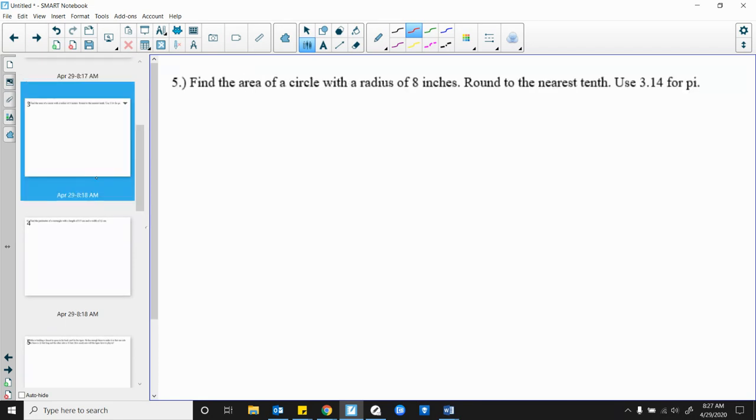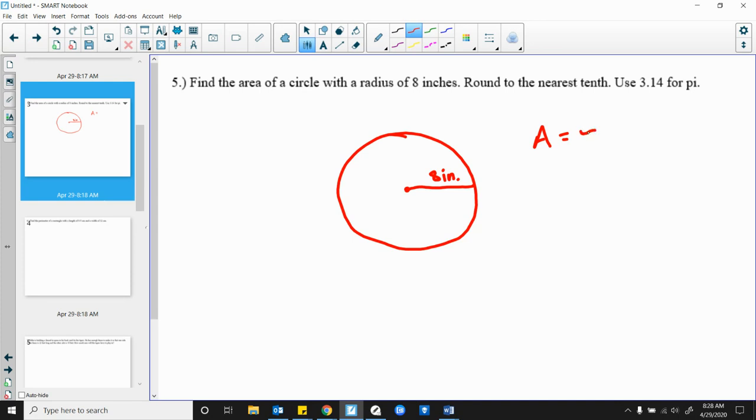5. Find the area of a circle with a radius of 8 inches, round to the nearest tenth. Use 3.14 for pi. Okay. Wow. It's actually not a bad circle. My radius here is 8 inches. All right. So in this case, I'm going to do area equals pi times radius squared.